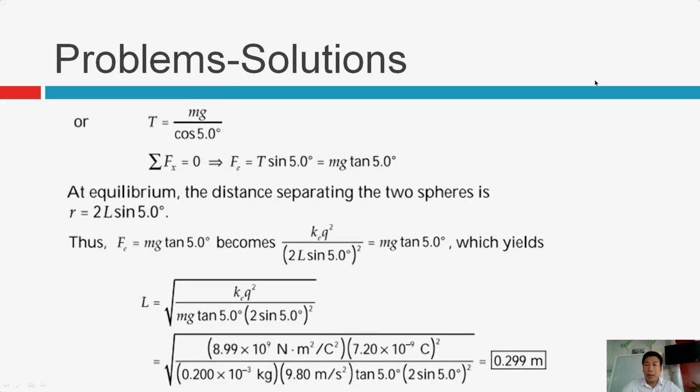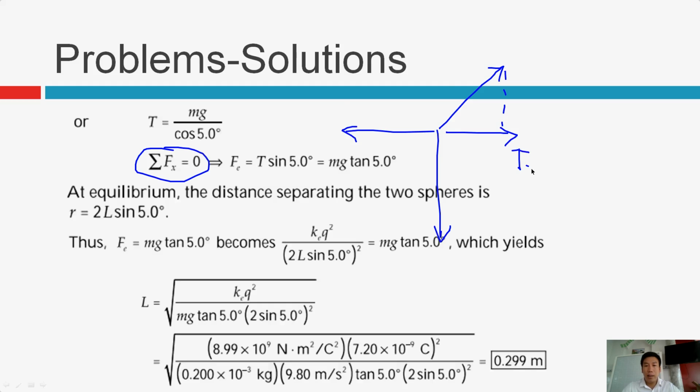So you can apply that condition for x direction. And you know, in x direction, we have the electric force here. This is x direction, right? So in this case, Tx must be equal to the electric force here. So this means that you need to have Fe equal T sin theta, because this is theta, right?